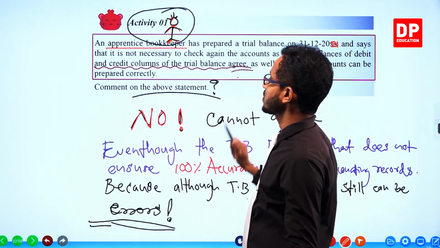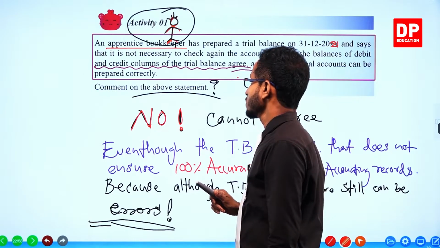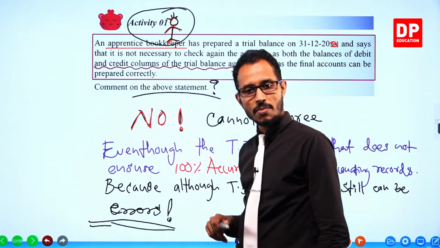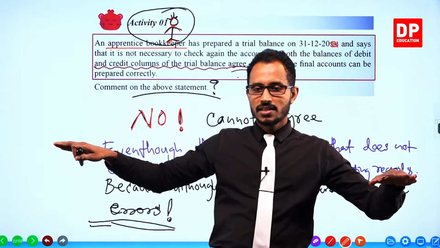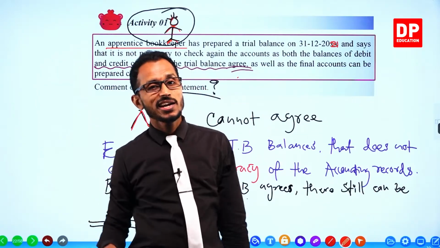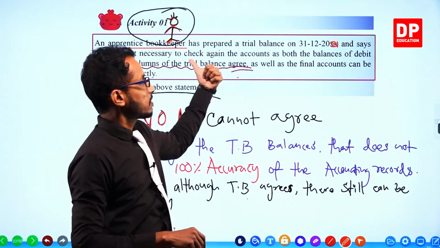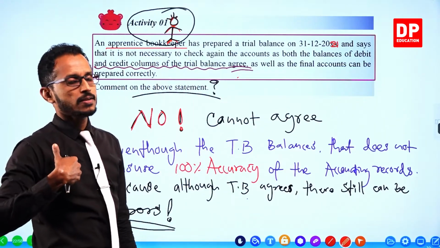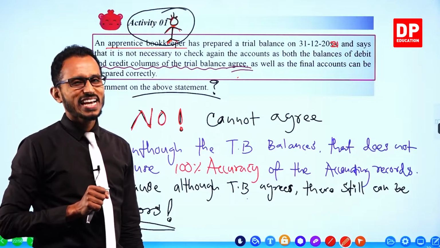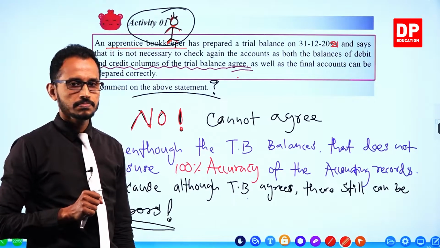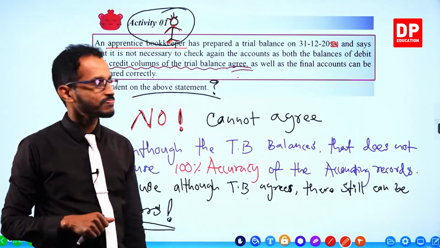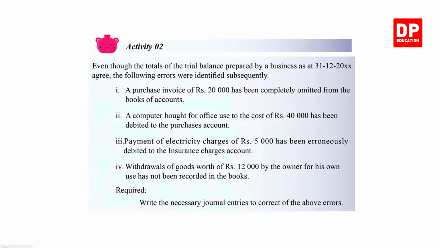But if you say that since your trial balance has balanced, no need to check my accounts, everything is 100% correct, we must not agree. We cannot agree. Okay. Right. Shall we? Moving on.